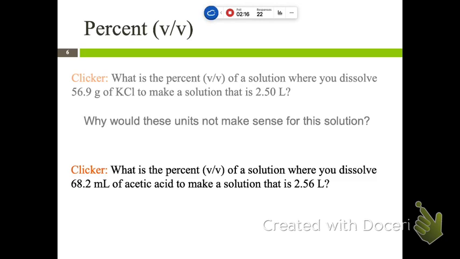Do you have to convert from milliliters to liters? You just have to make sure they're in the same unit, both of them. So you can go either way. 23 responses. Let's do another 45 seconds.